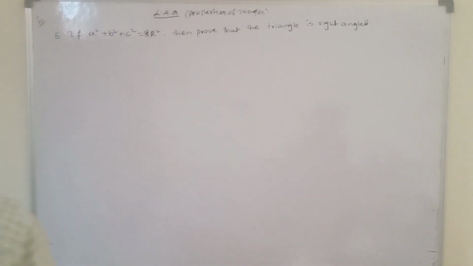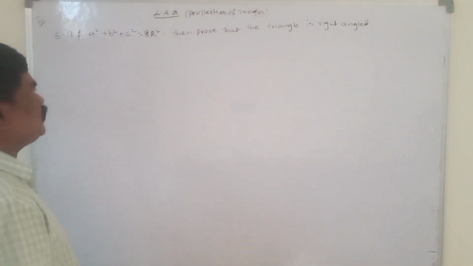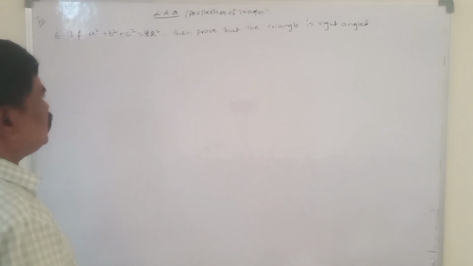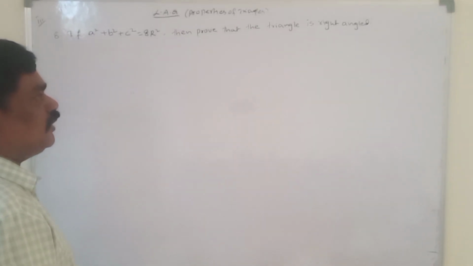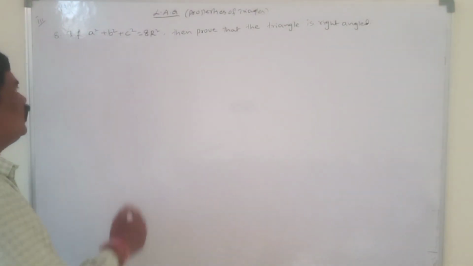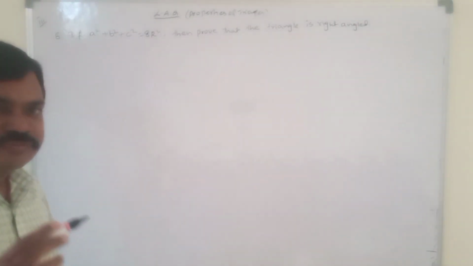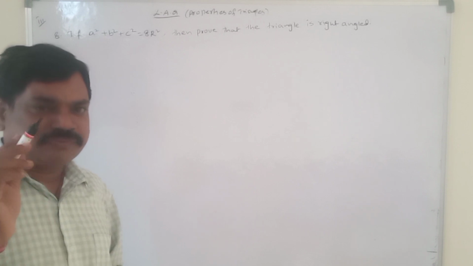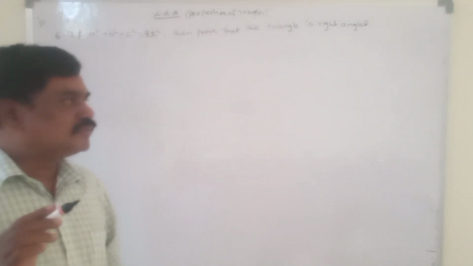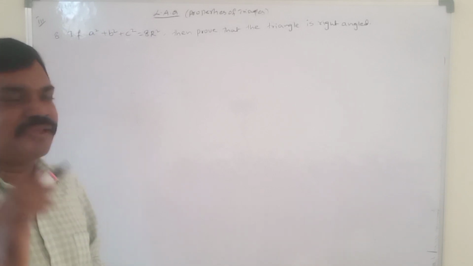Here, long answer questions, properties of triangles. If a square plus b square plus c square is equal to 8r square, then prove that the triangle is right angled. What is the given problem here? If a square plus b square plus c square is equal to 8r square, then prove that the triangle is a right angled triangle.